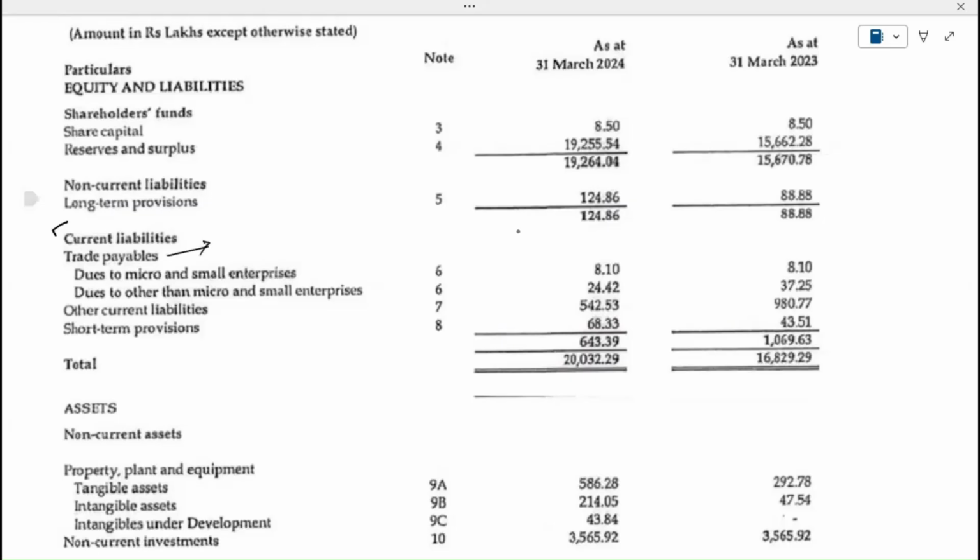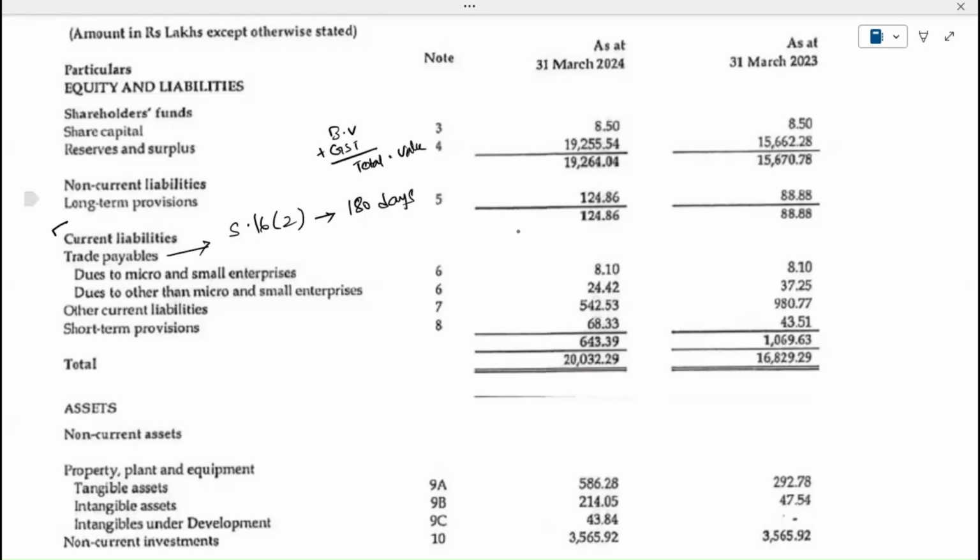Trade payables. When you look at trade payables, section 16, subsection 2, any vendor you buy goods or services, within 180 days, I need to pay the supplier for the basic value plus GST, which is nothing but my total invoice value.